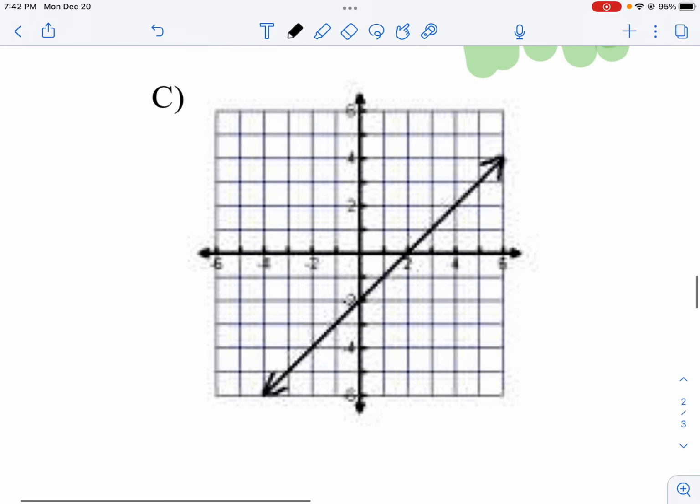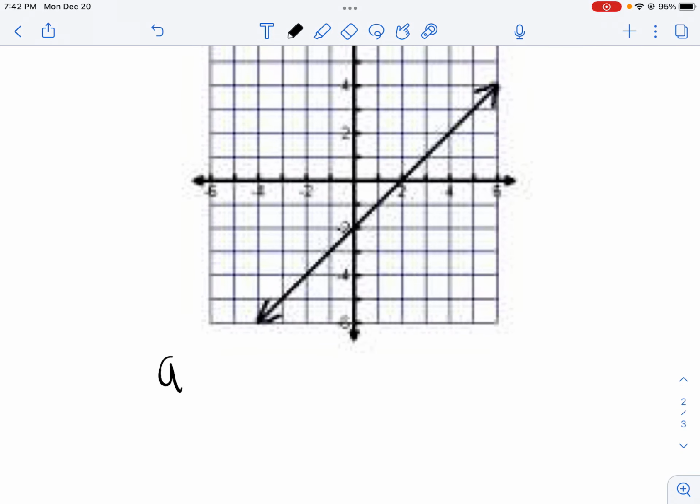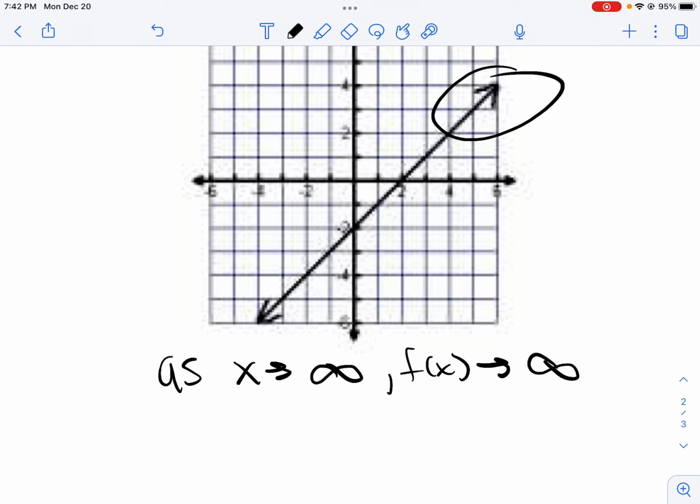Alright, C, same thing. Let's switch it up. So as x goes to the right, our f of x, our graph, is also going up. We see on that right side, the graph has an arrow pointing slightly up as it goes over. That means eventually it is hitting infinity. Same thing, but going the left direction instead.